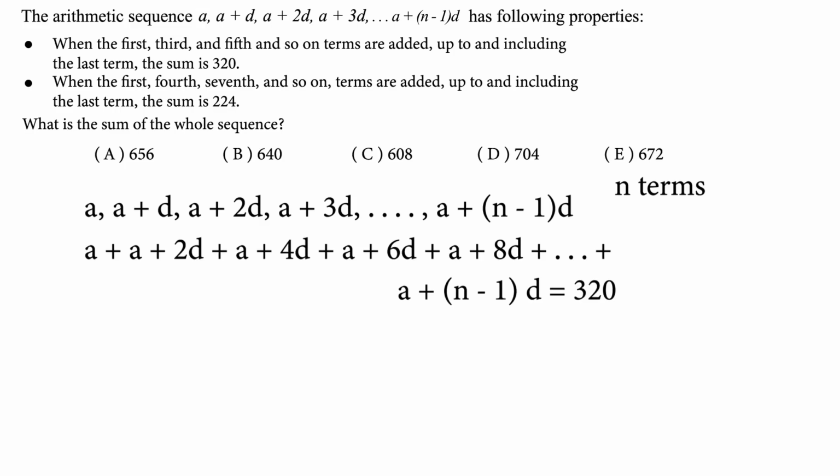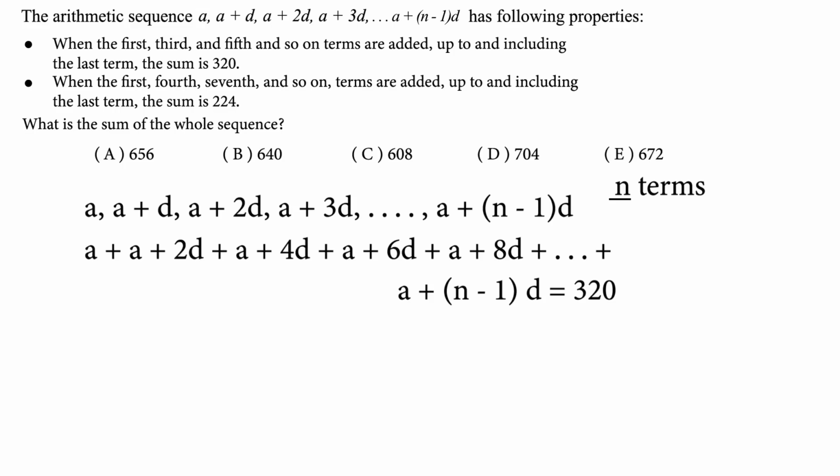We have to make a decision here as to what n is. We don't know how many terms there are in this arithmetic sequence. They have not told us that. But in order to get some sort of relationship, we've got to decide whether it is odd, even, divisible by 2, divisible by 3, and so on.